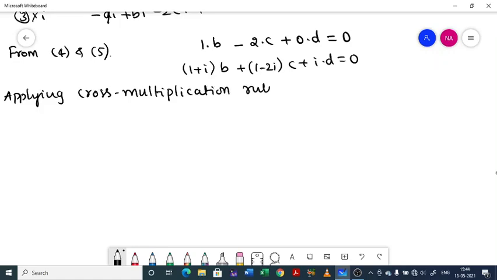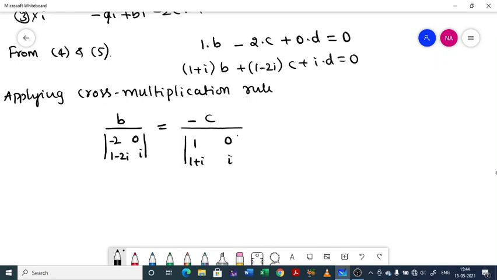Cross multiplication rule, we are getting B divided by determinant of minus 2, 0, 1 minus 2I, I equal to minus C divided by determinant of 1, 0, 1 plus I, equal to D divided by determinant of 1, minus 2, 1 plus I, 1 minus 2I.